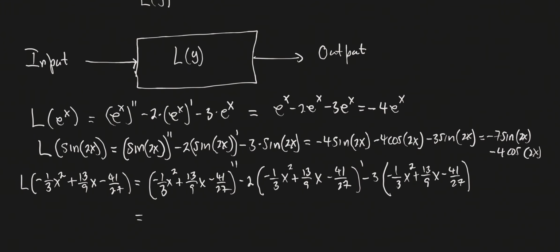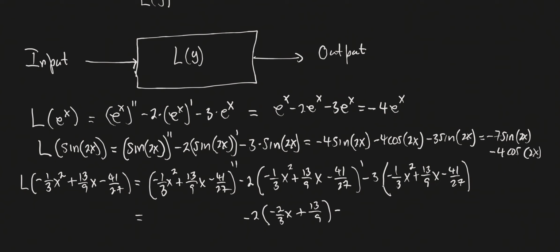I'll write the first derivative over here. Well, in fact, we don't have to write it on the side. Let's do the first derivative first. So this should be a minus 2. When I differentiate this once, I'm going to get negative 2/3 x plus 13 over 9. And then, of course, my constant goes away.